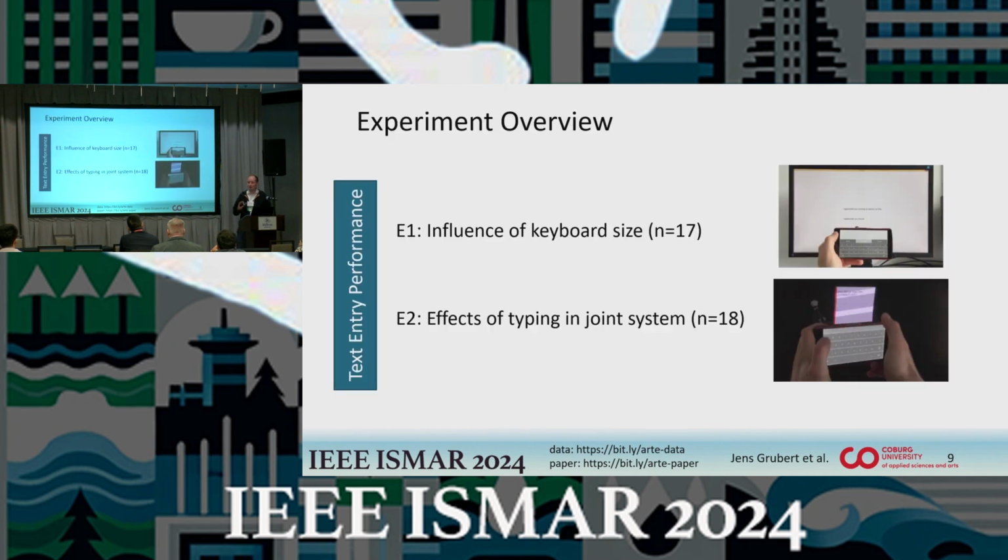To this end, we ran a series of 5 user studies with a total of 68 participants. And forgive me that, in the interest of time, I will not go through every detail of each of these 5 studies. I will just focus on selected details of some of them. In the first 2 studies, we looked at text entry performance, either on a subsystem or on the joint system together.